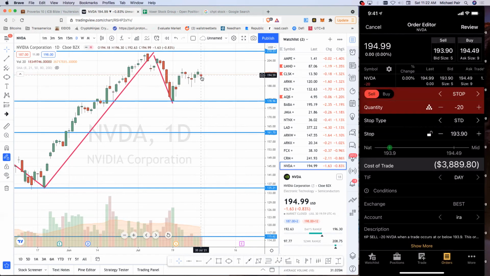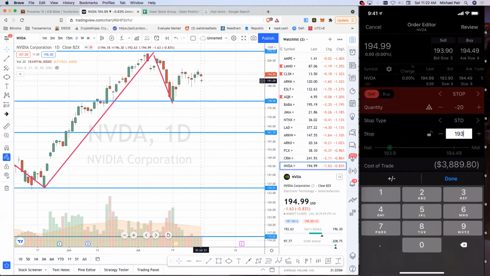So again, let's say you bought at this 187 level. You're in now at 195, and you say, you know what, I want to make sure that I gain at least $191.50. So I'll put 191.5.